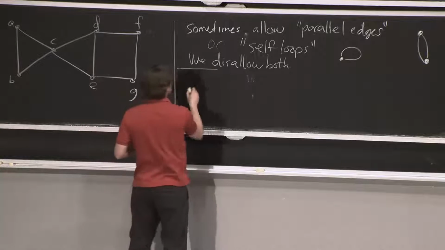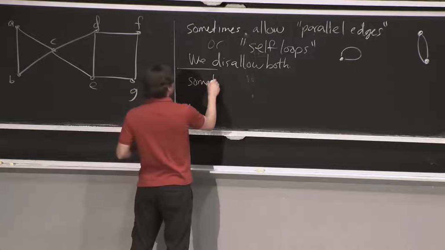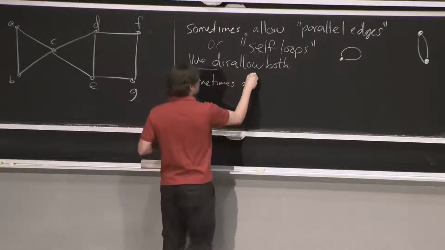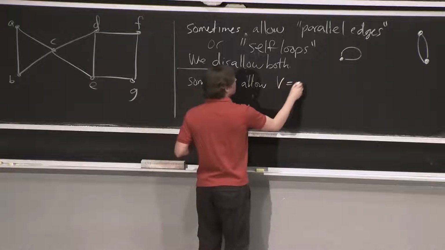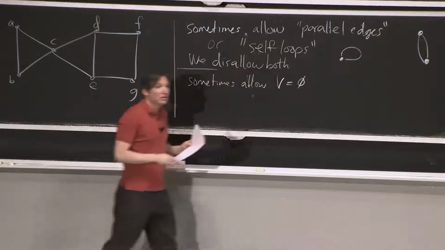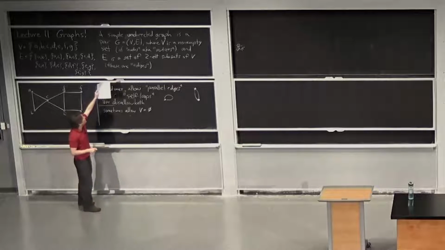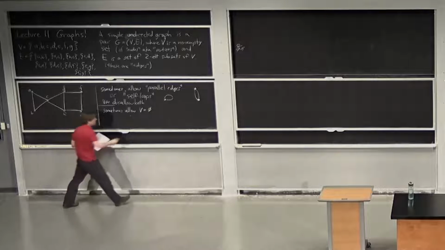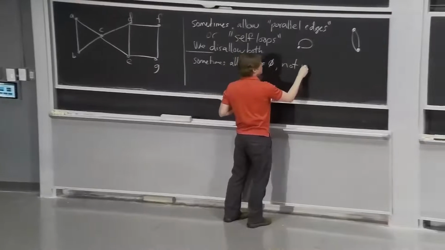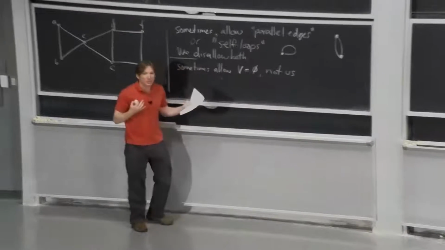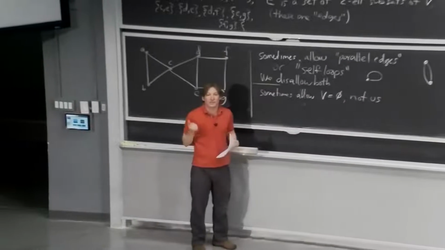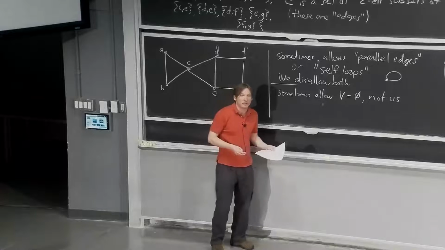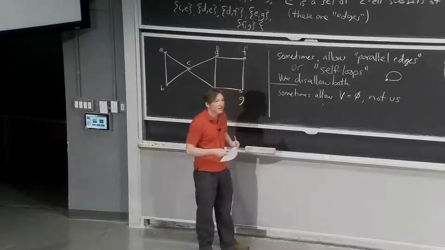Likewise, some sources allow the vertex set to be empty. I stipulated up there that V should be a non-empty set. So we're just disagreeing on a single graph that has 0 vertices and then necessarily 0 edges, because there's nothing to connect.